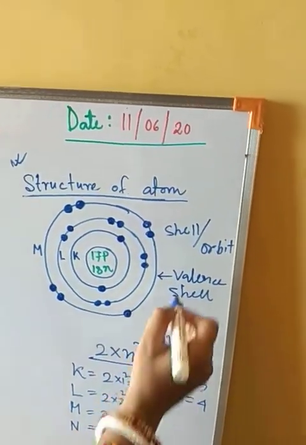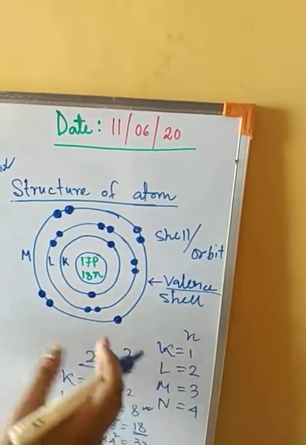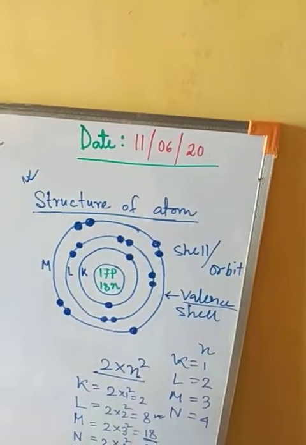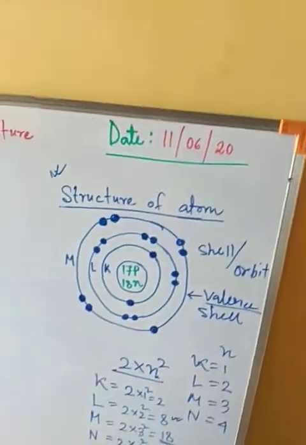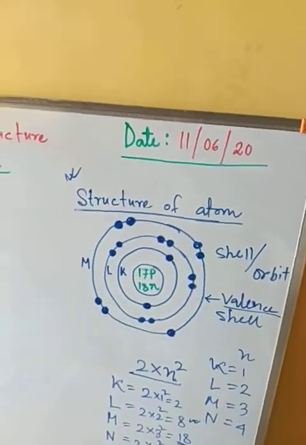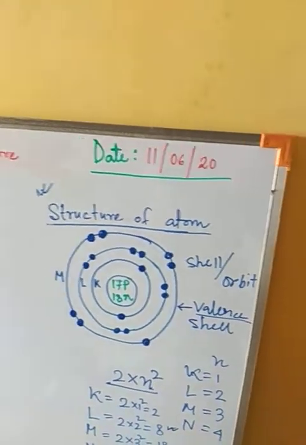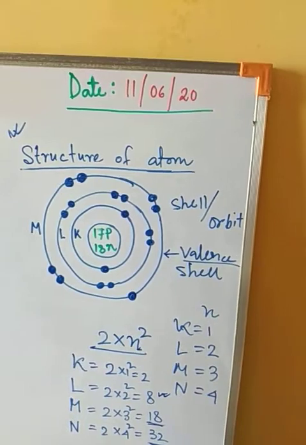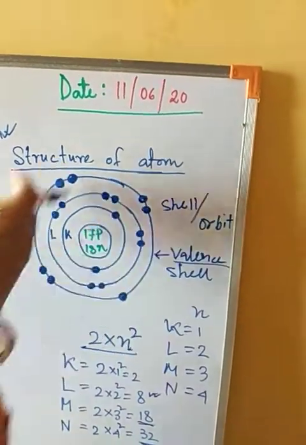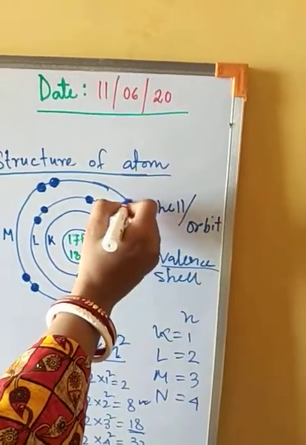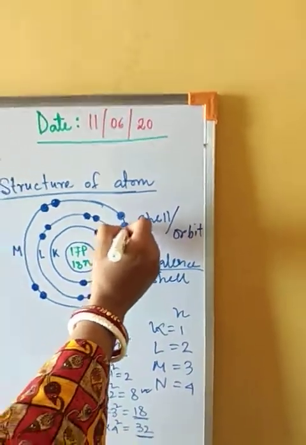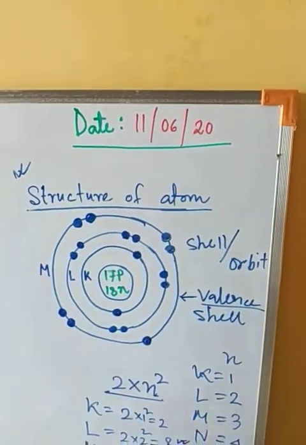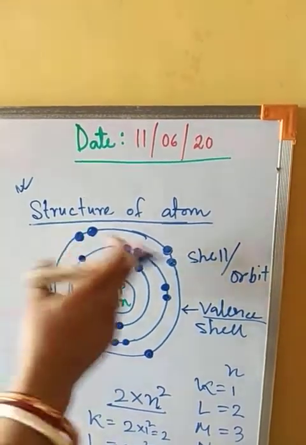Why is this called the valence shell? Because the number of electrons present in this shell will decide the valency of that atom. For the M shell, 8 electrons can reside, up to atomic number 20.